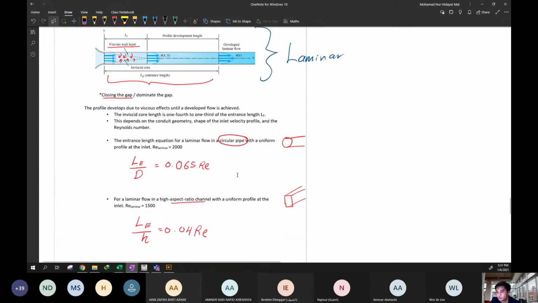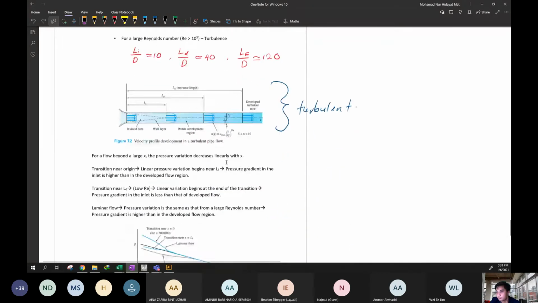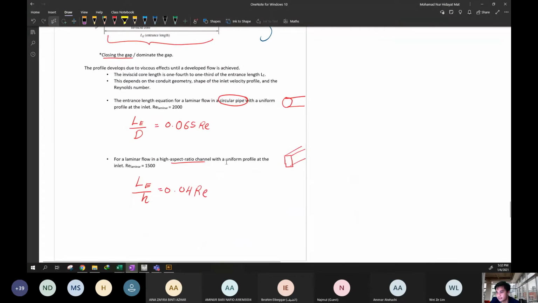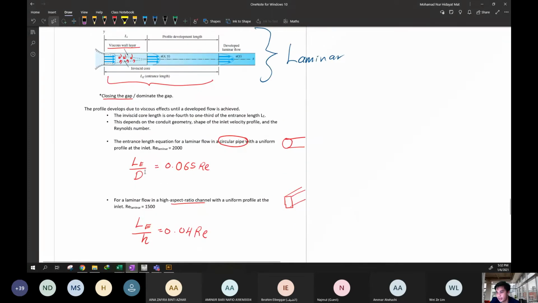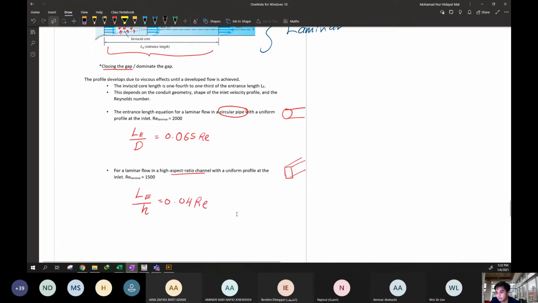For the turbulent, inside the entrance length we have the developing flow and the inviscid core length. So this is the profile, and to get the characteristic entrance length LE, just for laminar, LE over D is 0.065 times the Reynolds number.